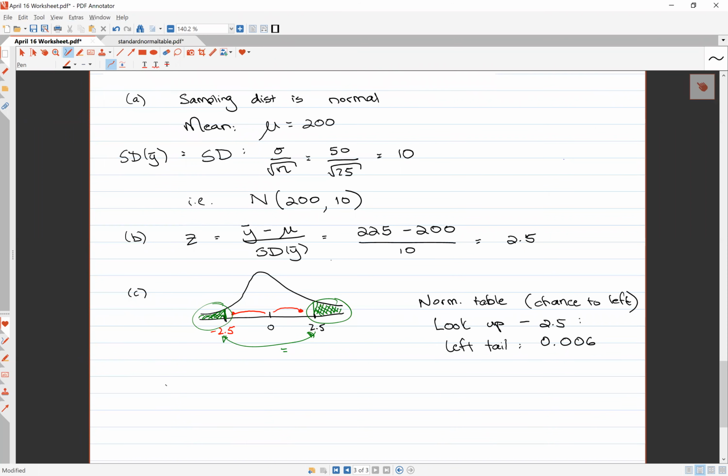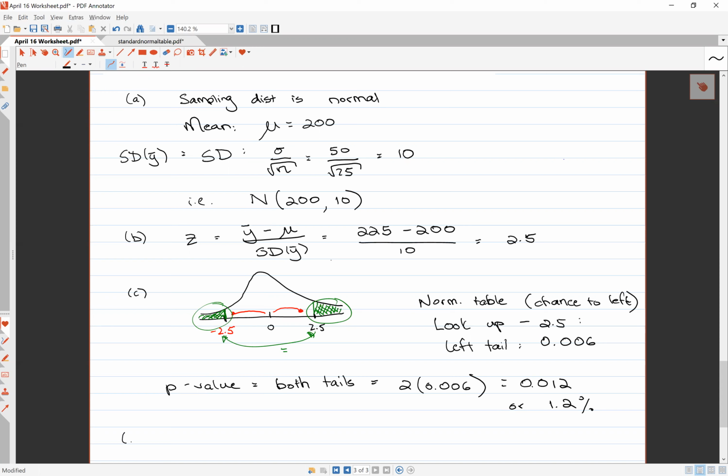My p-value is both tails in this case, and that's just a function of what my alternative looks like. So that's 2 times 0.006. So my p-value in this case is 0.012 or 1.2%.